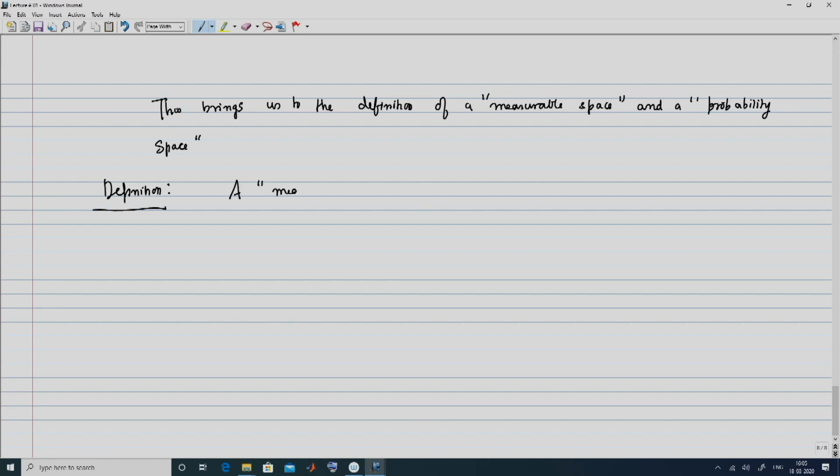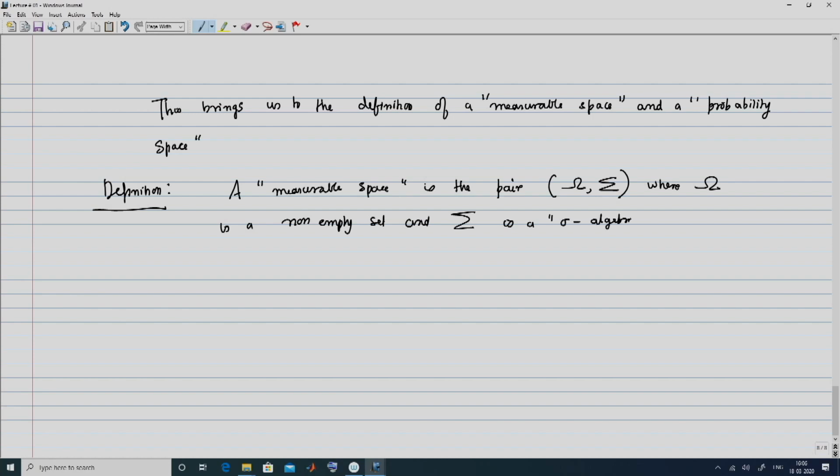A measurable space is the pair of omega along with this sigma algebra sigma, where omega is a non-empty set and sigma is a sigma algebra of subsets of omega that you have just defined.